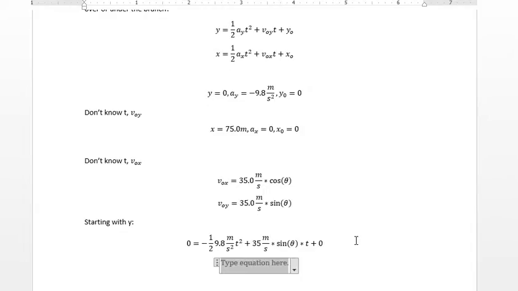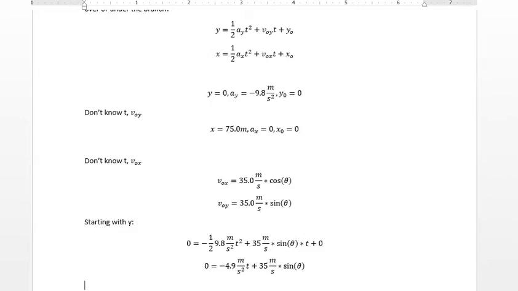That gives us 0 equals, multiplying through the 1/2, 4.9 meters per second squared times time plus 35 meters per second times sine of theta.